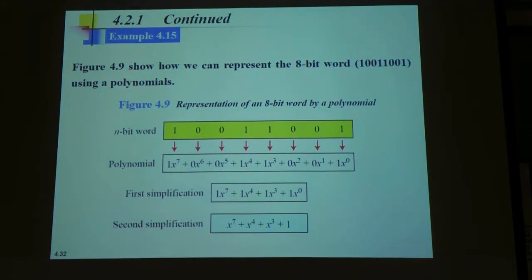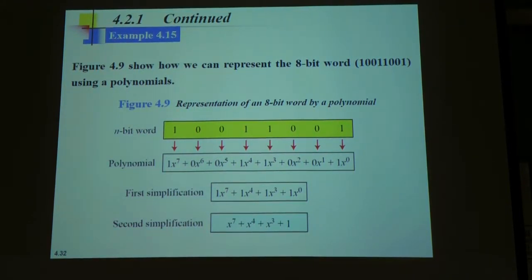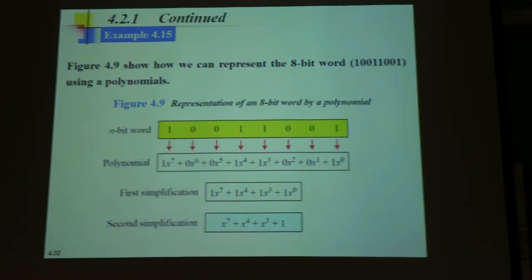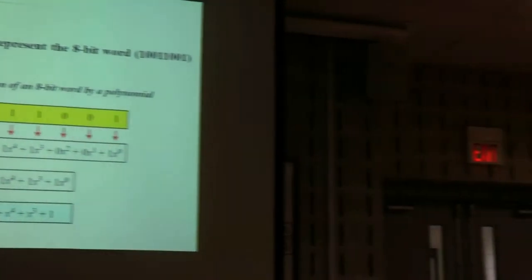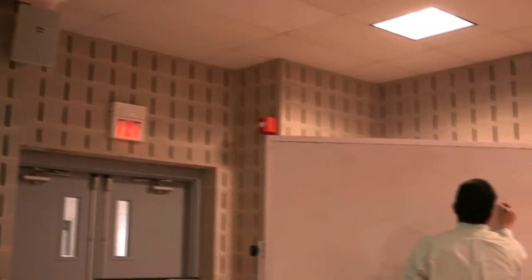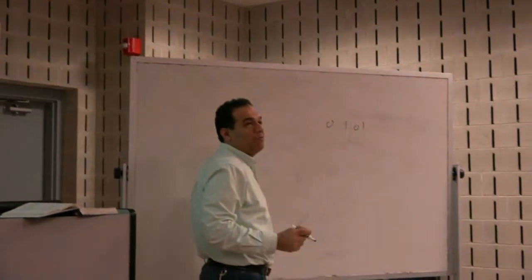how we can write a binary value as a polynomial. If I tell you I have 1 0 1 0, how can I write it as a polynomial?